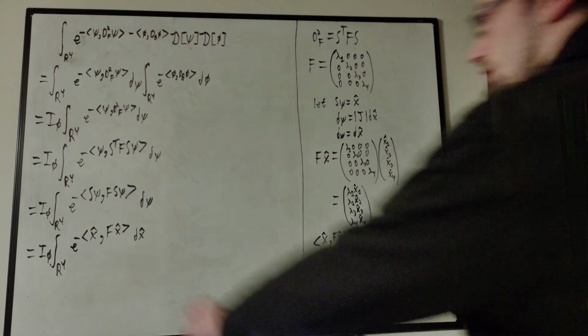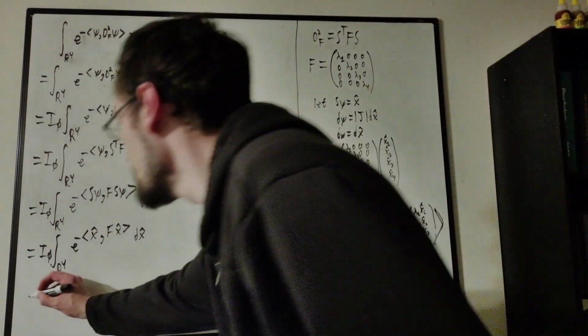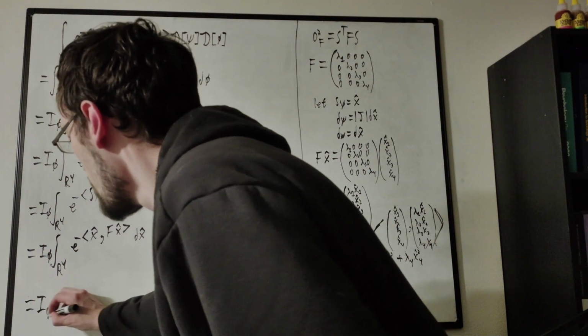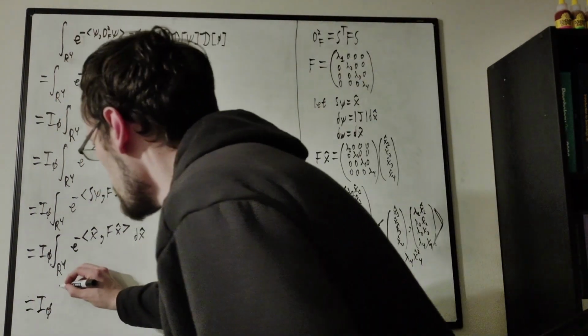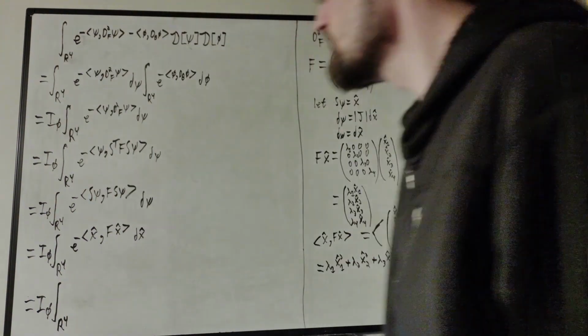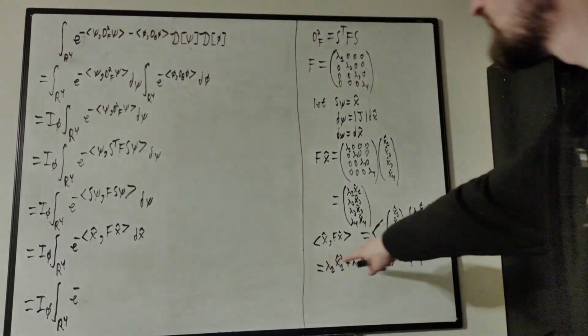The interesting thing here is that we have a negative sign that distributes through the inner product. So this now becomes our new integral here. We still have the integral over R4 of e to the negative.